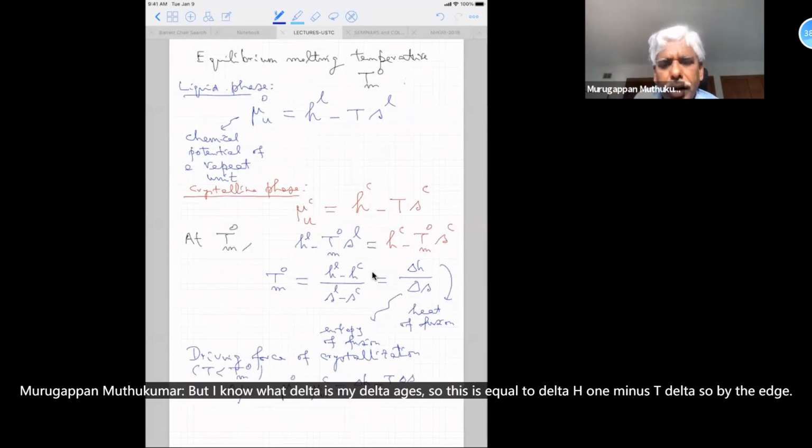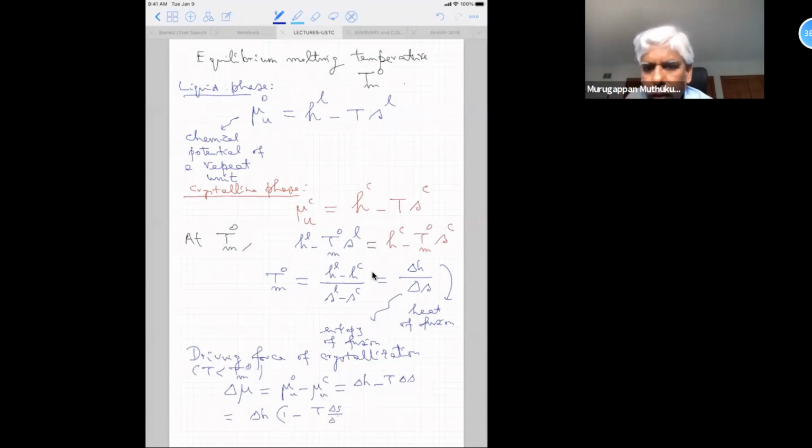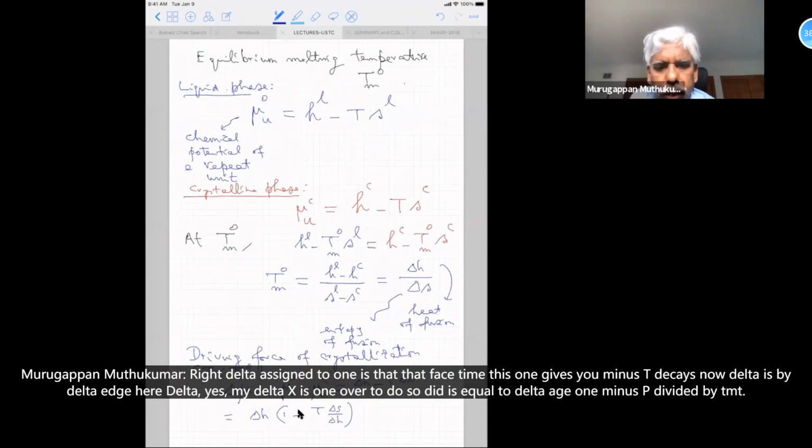But I know what delta S by delta H is. So this is equal to delta H times (1 minus T delta S by delta H). Delta H times 1 is that. Delta H times this one gives me minus T delta S. Now, delta S by delta H is 1 over Tm0. So this is equal to delta H times (1 minus T divided by Tm0).